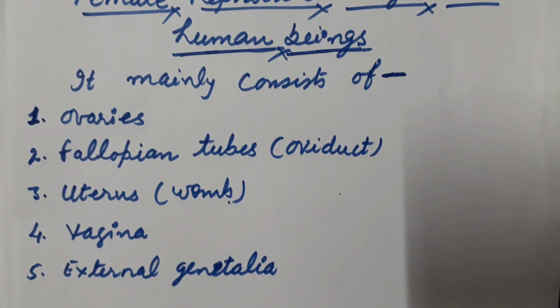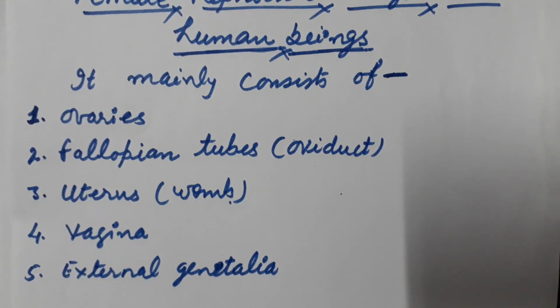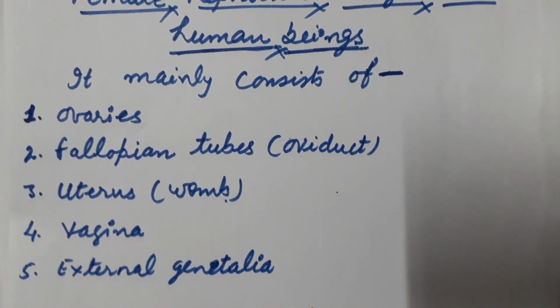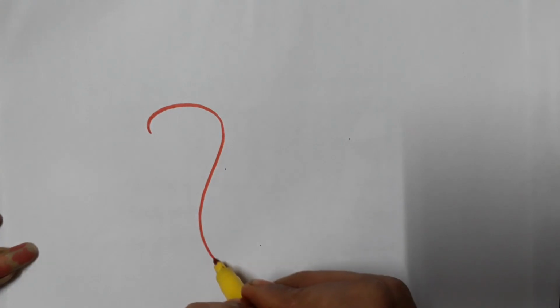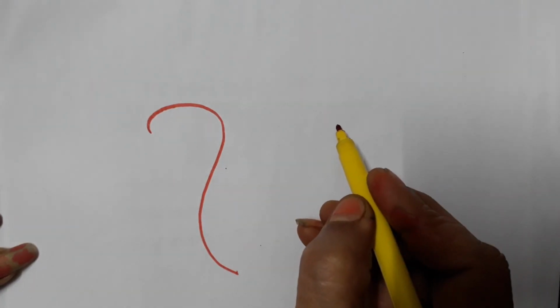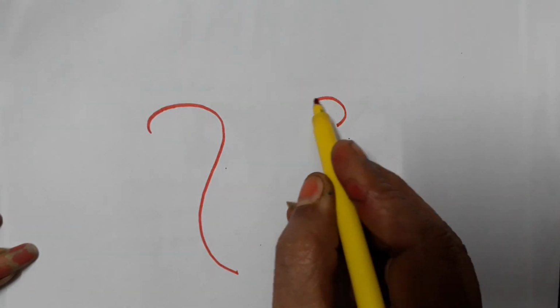Let us draw the structure of the female reproductive system, as it is very important from the point of view of CBSE, and then we will discuss every part in detail. So here I am going to draw the structure of the female reproductive system. आप भी साथ में ड्रॉ कीजिए ताकि प्रैक्टिस हो जाए. So it is the female reproductive system. It is a somewhat inverted pear shaped structure.